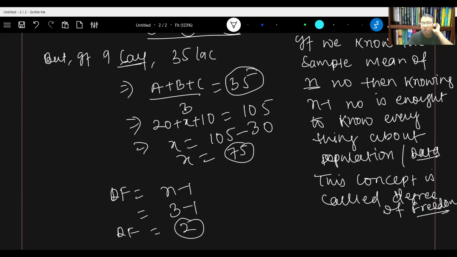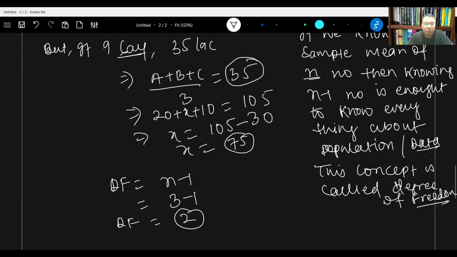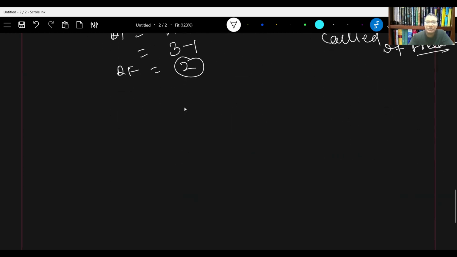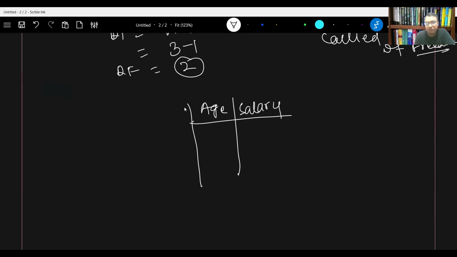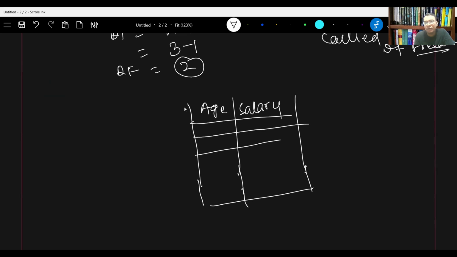Clear? So now let me give one more example. Suppose we have a table with age and salary, and we know the average or mean.